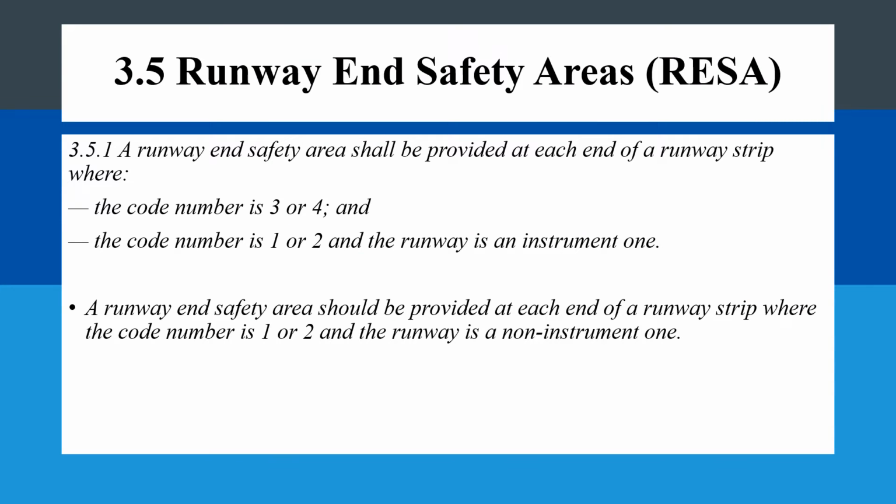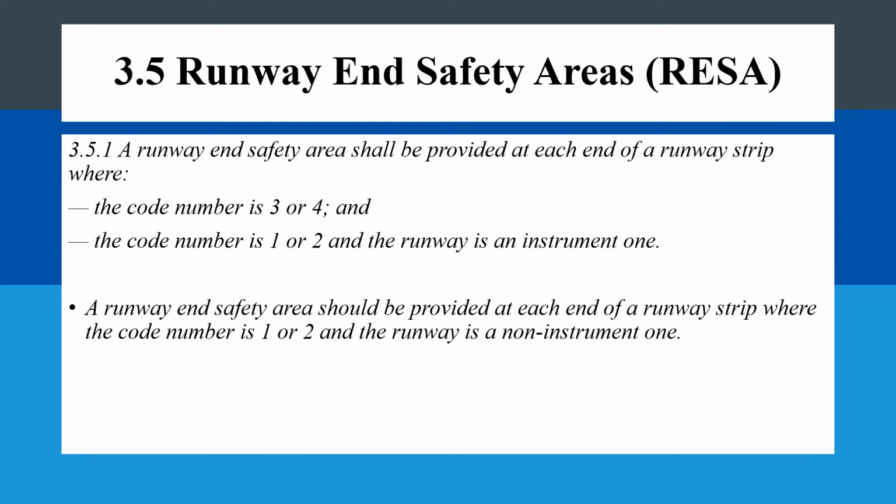Let's zoom into today's topic, runway end safety areas, or RESA. Annex 14, Chapter 3, Section 5 says a runway end safety area shall be provided at each end of a runway strip where the code number is 3 or 4, and where the code number is 1 or 2 and the runway is an instrument one.